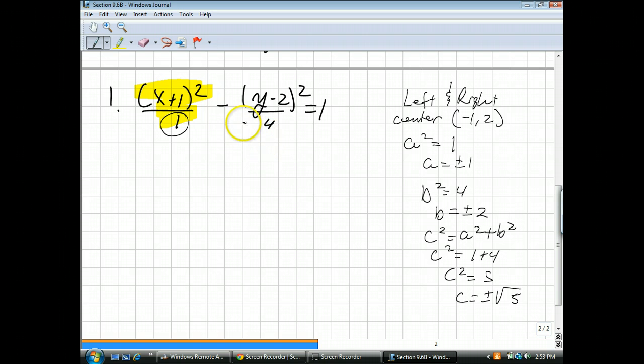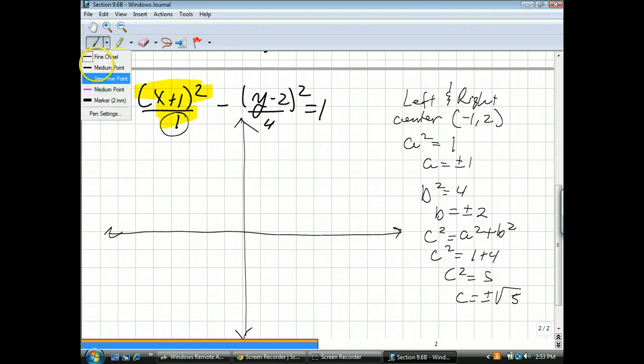Right, now we're ready to graph. We have all our information. So remember, in a hyperbola, the first thing we do is form our box. Sorry, we need to do the center first.